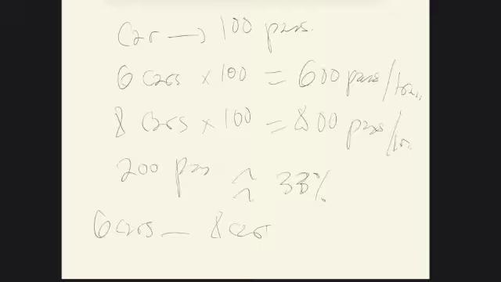Now what happens when we combine train length with frequency? Suppose trains arrive every 6 minutes. So 60 divided by 6, it's about 10 trains per hour.